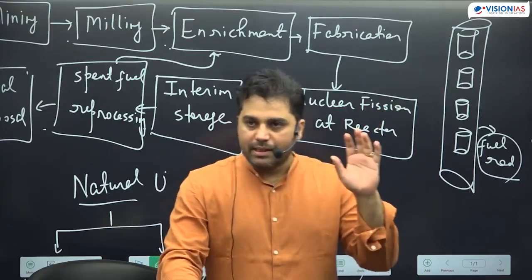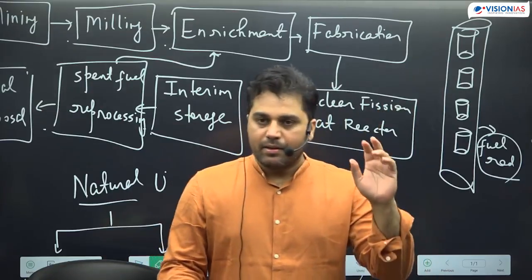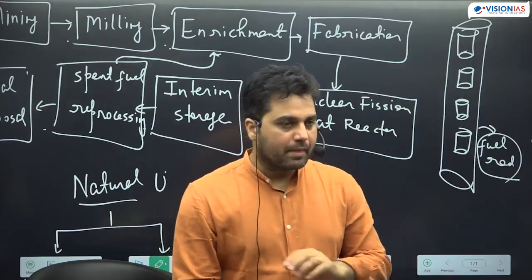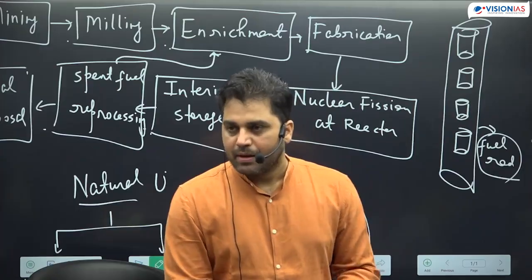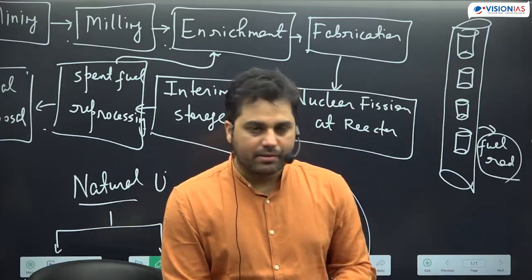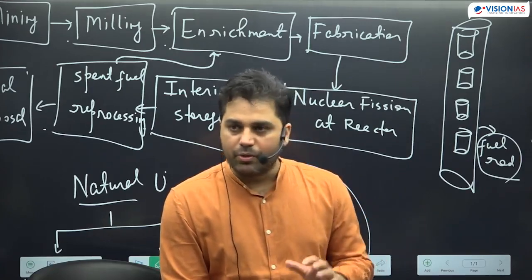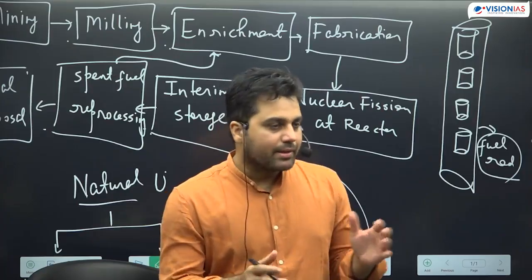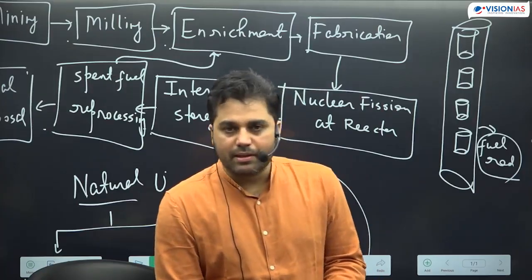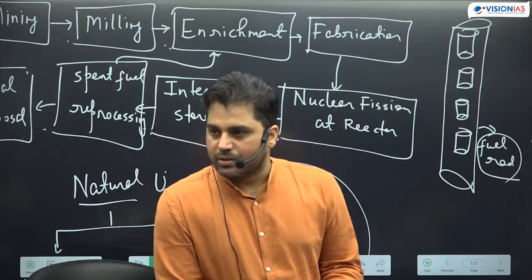Once the core of the reactor has been filled with enough fuel and control rods, and once it becomes operational and fission starts happening, it is not going to stop for about a year, or even 2 or 3 years. So a nuclear reactor can produce energy continuously for 2 to 3 years.